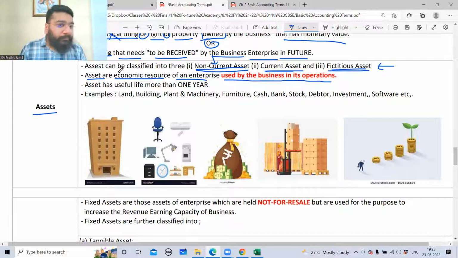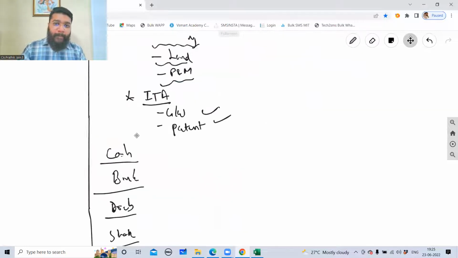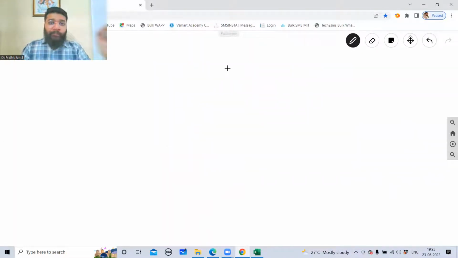Point number 1. An asset has a useful life of more than 1 year. Now, let's suppose I'm buying a car, or let's suppose I'm buying plant and machinery. I need to spend money for that. So will you treat this plant and machinery as an expense, or will you treat it as an asset?